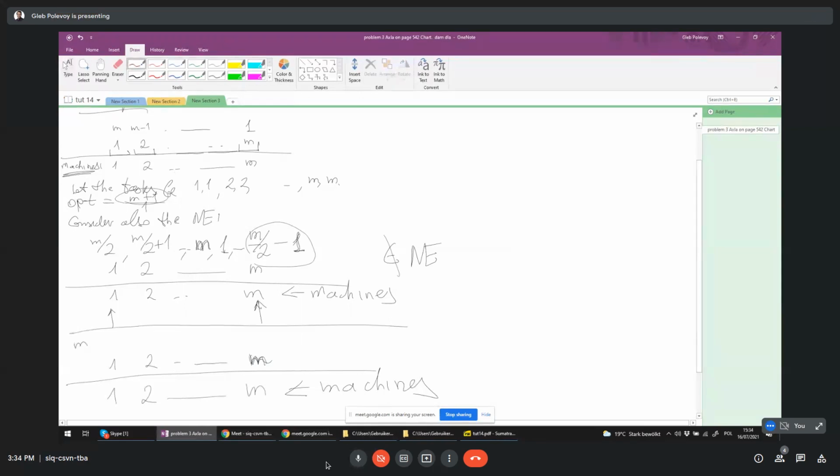So you suggest to shift that to the left, so to speak. Yes, and then just go like that, right? Yes, you need to make it cyclical. So m minus 1, m minus 2, and then it's going to be m, and here it's going to be 1, well, m minus 1.